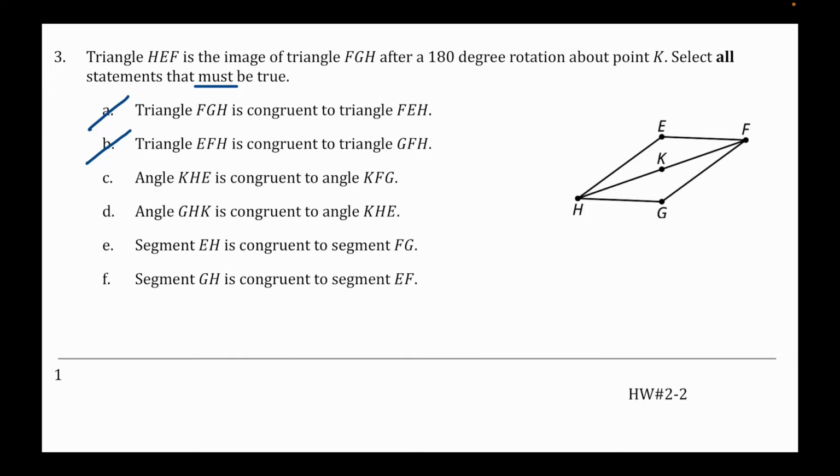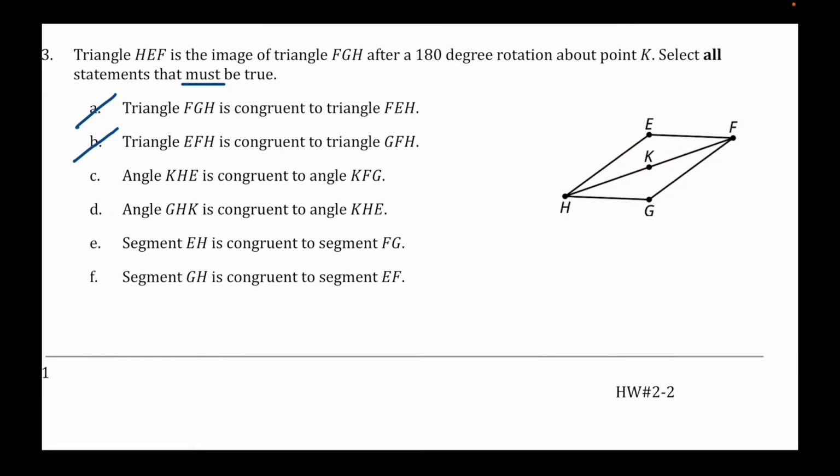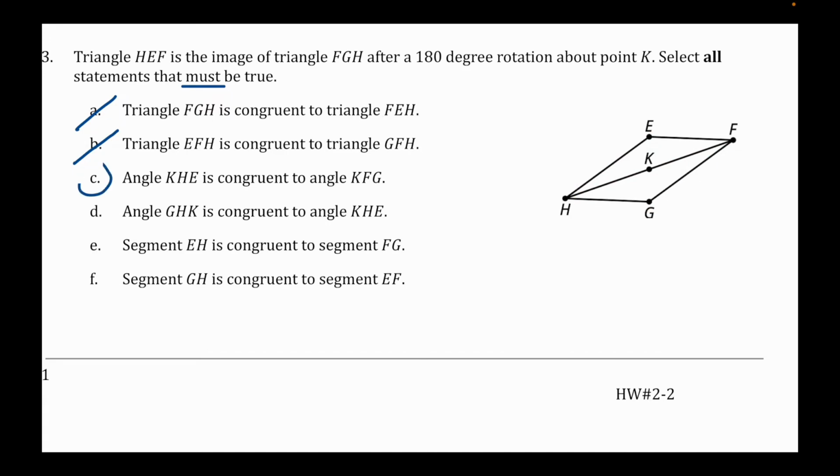KHE is congruent to angle KFG. I'm sorry, KHE congruent to angle KFG. That is true. I would have these angles right here. Those are going to be alternate interior angles. So we have that.